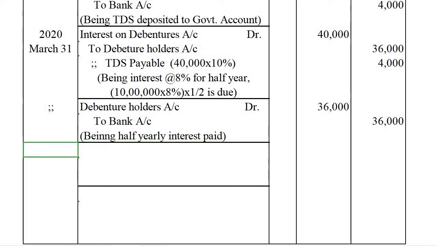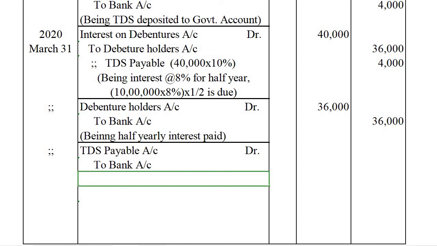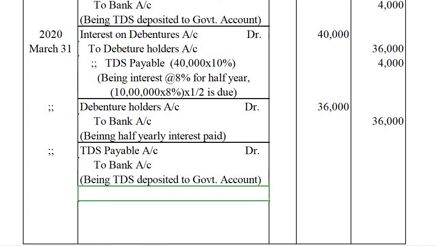Then as usual the remaining amount, that is TDS payable, is to be given to the income tax department. TDS payable debtor to bank, and the narration being TDS deposited to government's account.